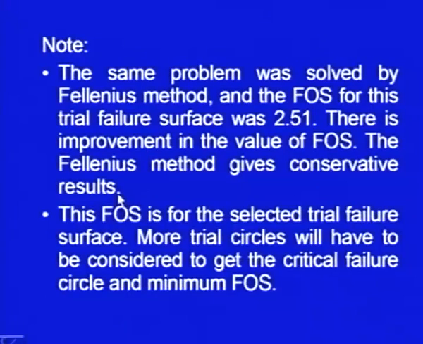So, in fact, this Bishop's method, the simplified Bishop method, you can use it and it gives reasonably accurate values, and there can be a lot of improvement in the factor of safety. Finally, this factor of safety is for the selected trial failure surface. Again, we have to do the same exercise with more number of trial circles, and then we have to get the critical failure surface and minimum factor of safety, that will be the factor of safety of the slope.